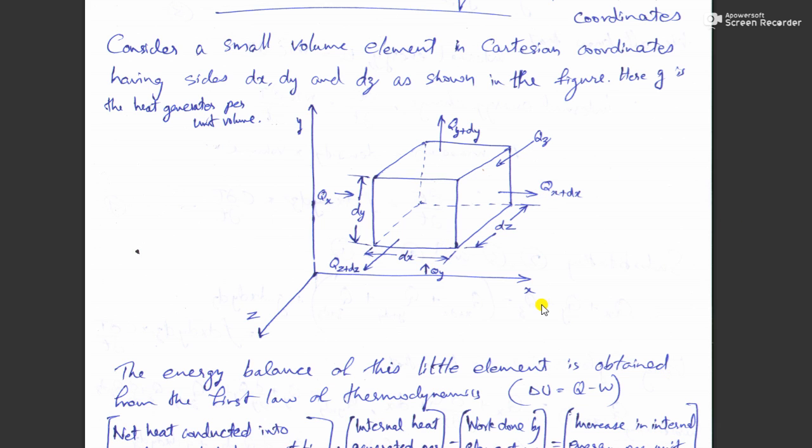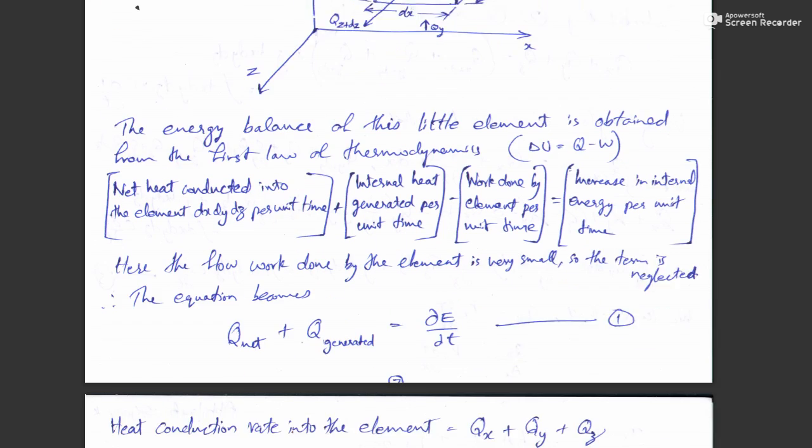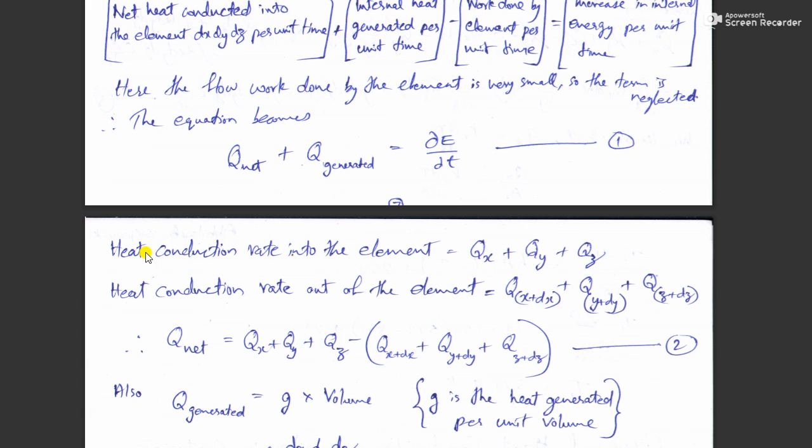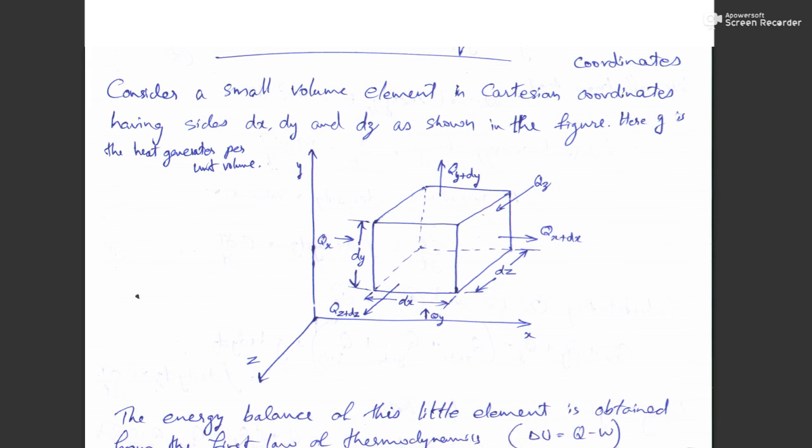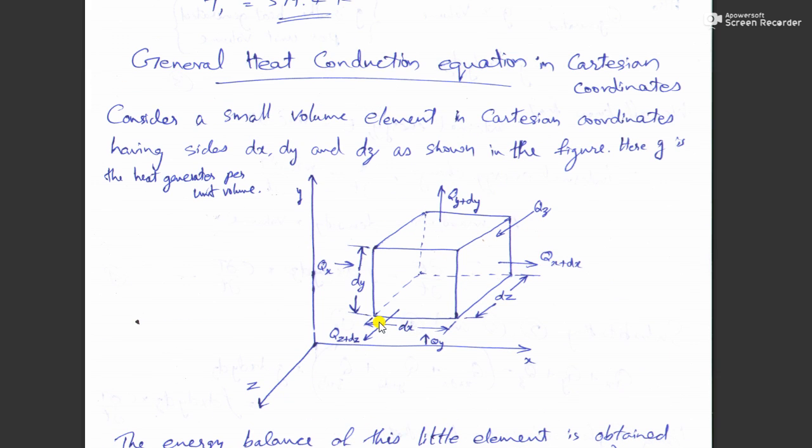So here we have found that the heat conduction rate into the element is Qx plus Qy plus Qz, and the heat conduction rate out of the element is Qx plus dx, Qy plus dy, and Qz plus dz.